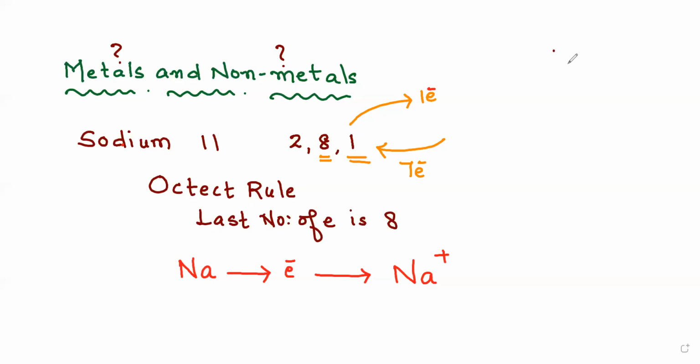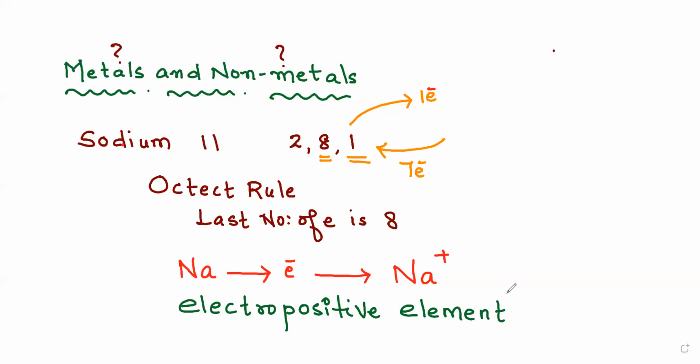How does it become positive? By leaving an electron. So we call sodium an electropositive element. Why is it called electropositive? It becomes positive after leaving an electron.